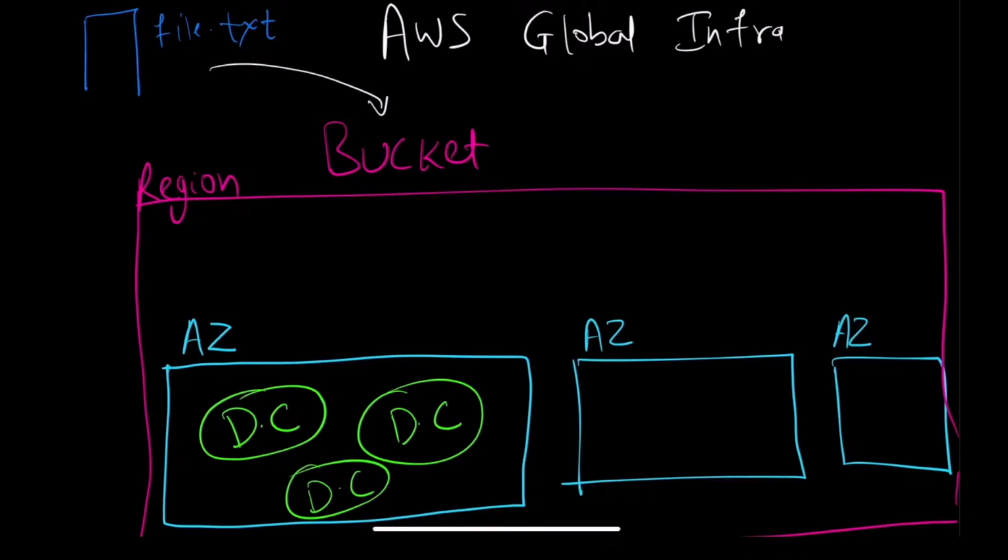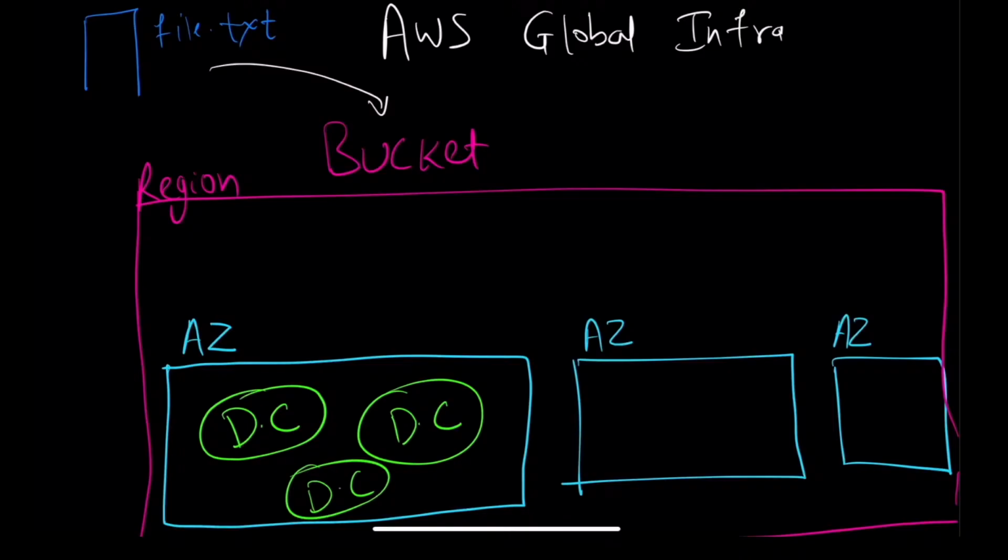So if one storage box goes down, or if one of the failure groups goes down, or maybe an availability zone goes down, your file will always be accessible. It's going to be there in the data center. It's going to be there in the global infrastructure that AWS maintains.